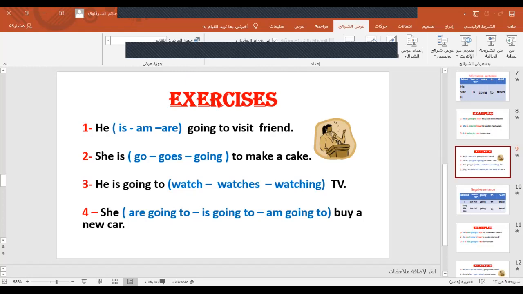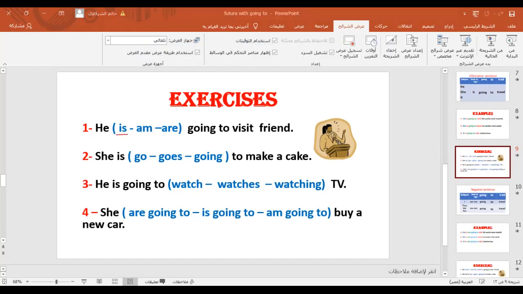Number 2, she is, goes, going to make a cake. Here we make future with be going to. We use verb to be is, and after verb to be we use going to plus verb in infinitive.